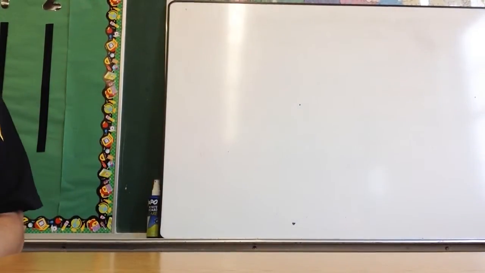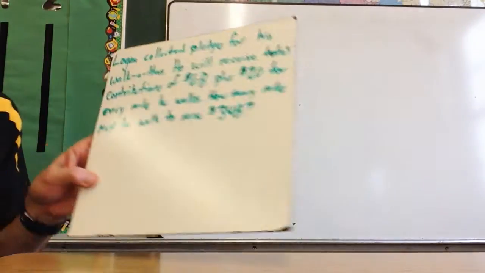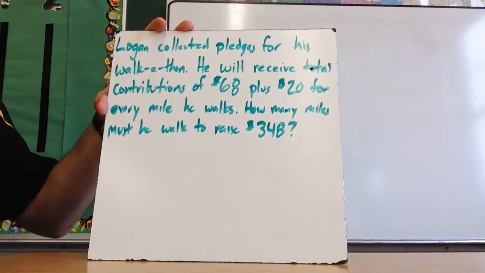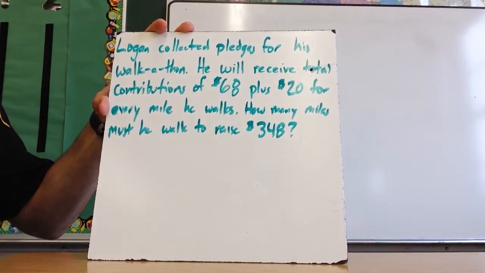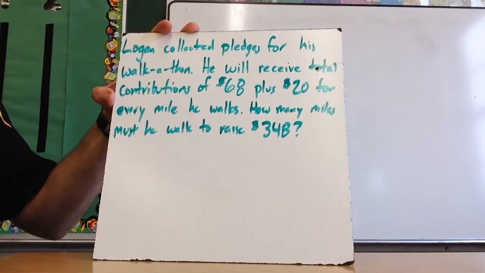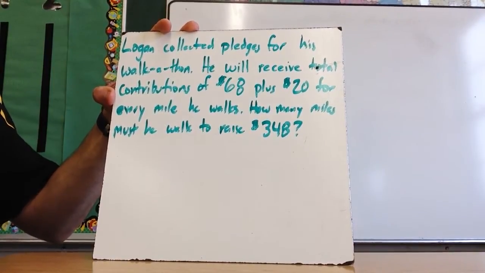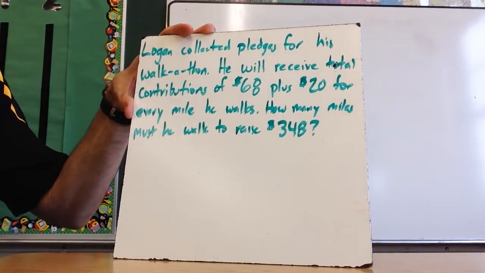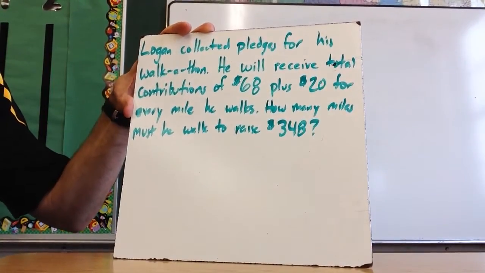All right, and then the final problem. Logan collected pledges for his walkathon. He will receive total contributions of $68 plus $20 for every mile he walks. How many miles must he walk to raise $348? So what I need to do is figure out how many miles he's going to walk.